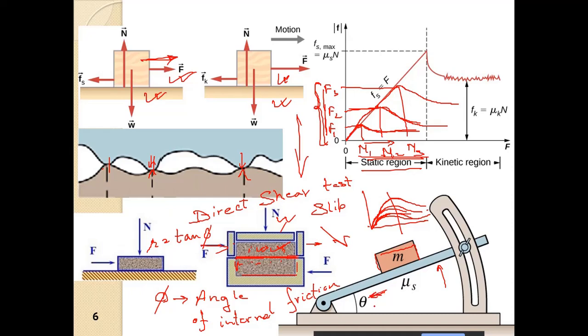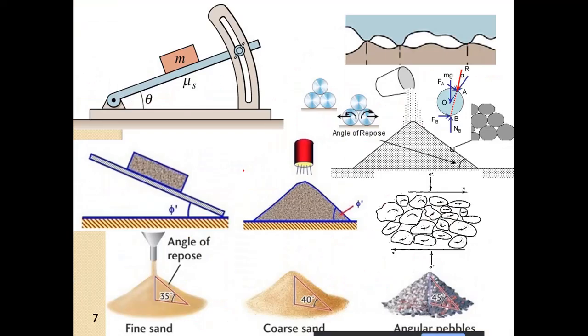Now this angle theta, when it will start moving, is called the angle of repose, and they are of the same value, which we observe when we pour sand or granular soil onto a flat surface.